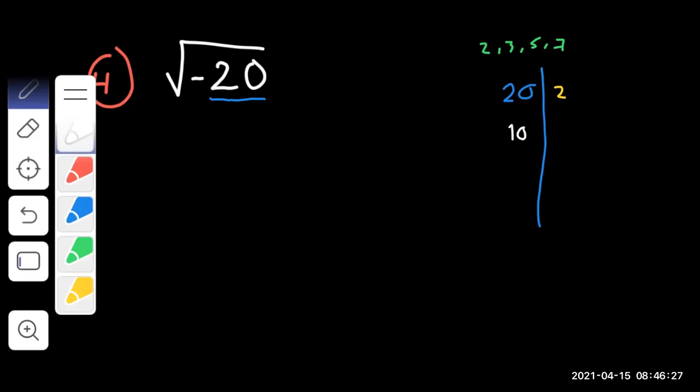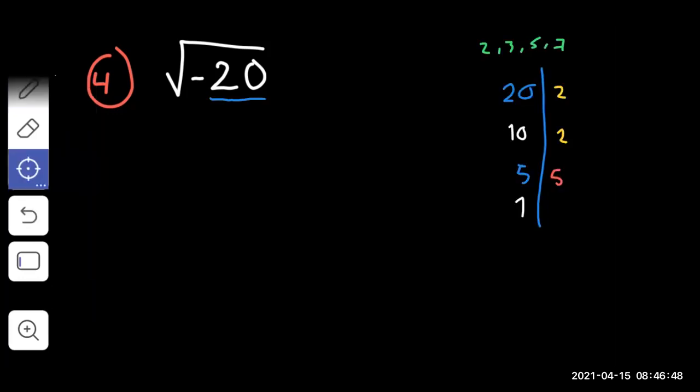What is the half of 10? 5. And what is the half of 5? We don't have it. Can we use 3? No. We have to use 5. And what is the fifth part of 5? 1. Excellent.